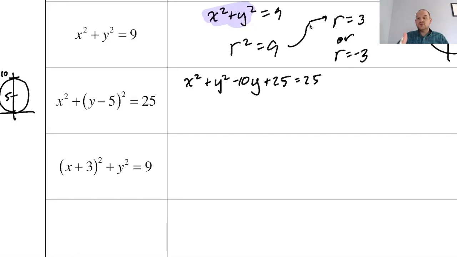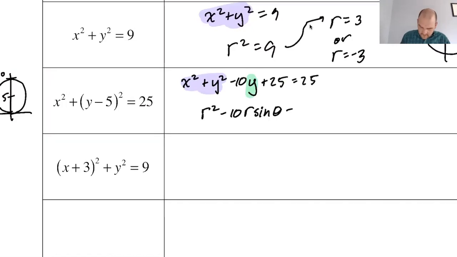You'll notice the 25 and the 25 are going to cancel out. So I'm going to do some substitutions. The first one is going to be r squared. Then minus 10, and our y is r sine theta. And then our 25s have canceled, so this equals 0.